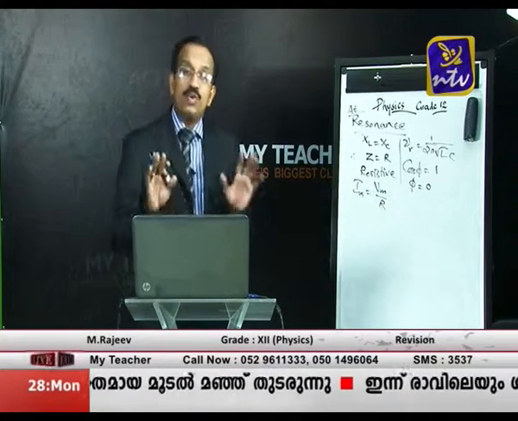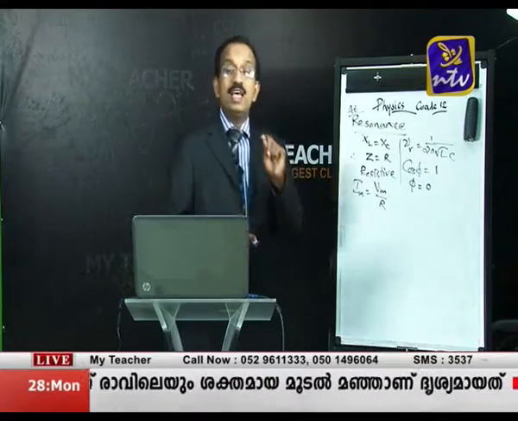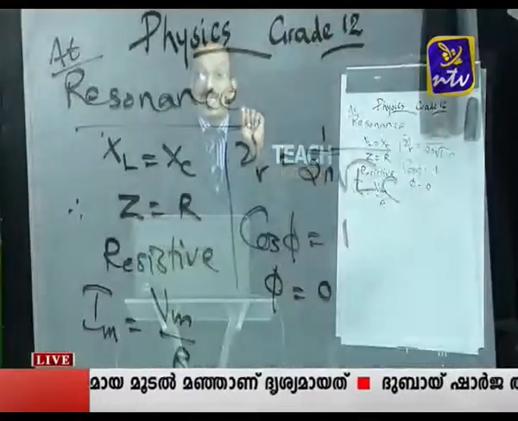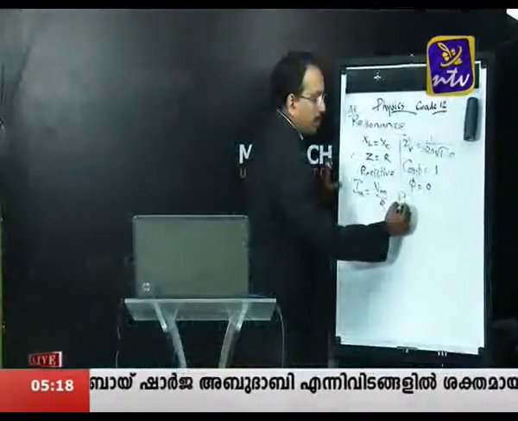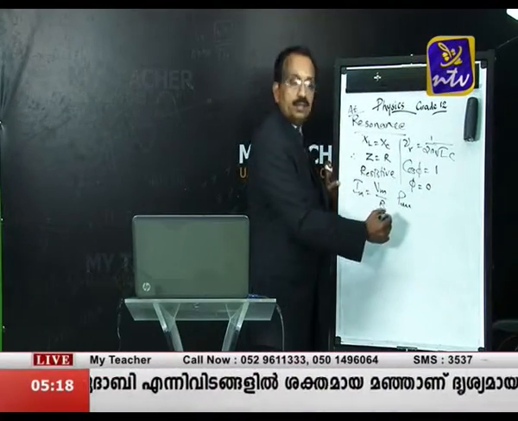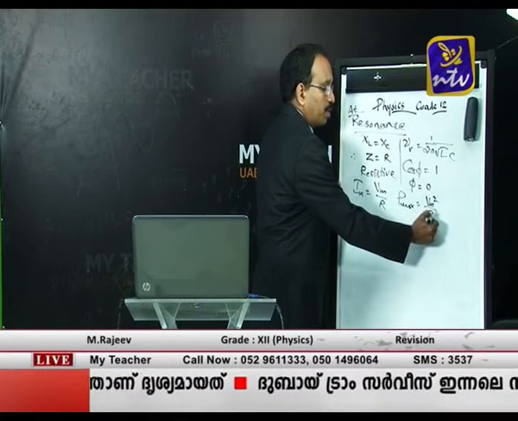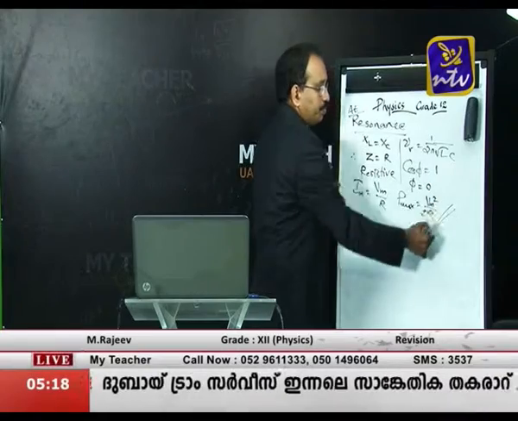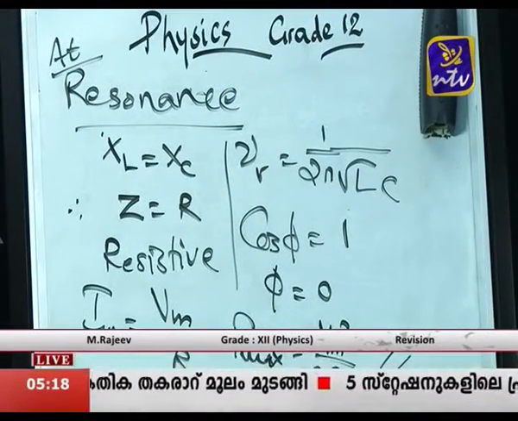Because at resonance impedance is just equal to resistance. Also, power is maximum, which is given by Vm squared by 2R. So these are the things happening at resonance.